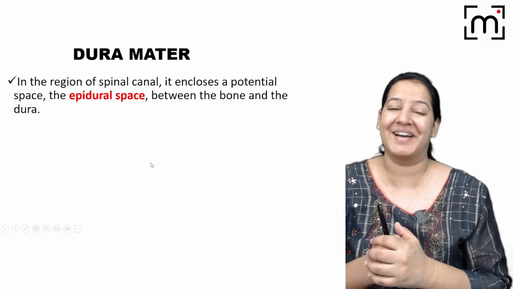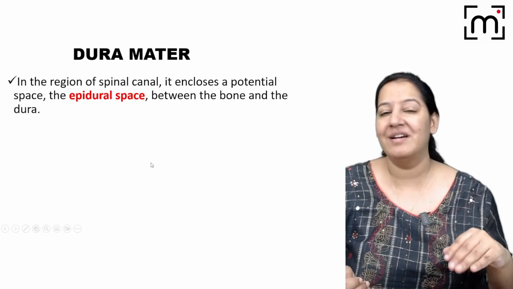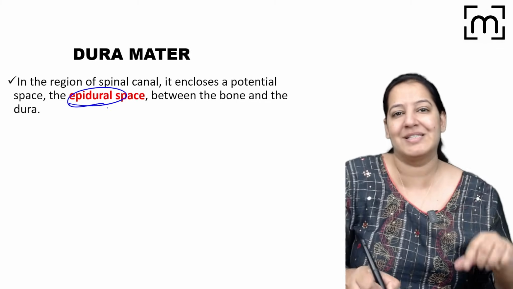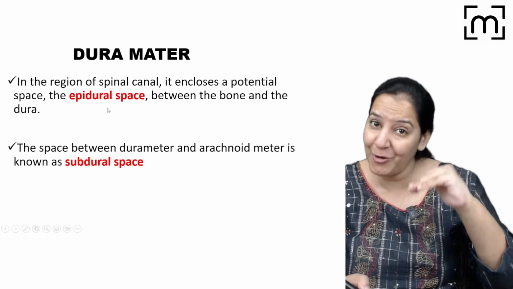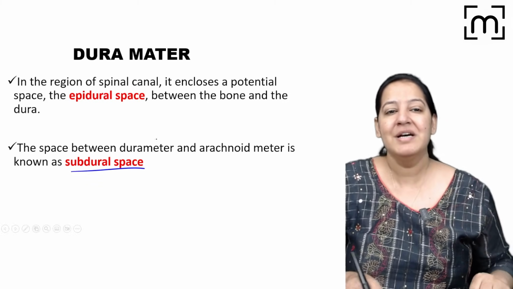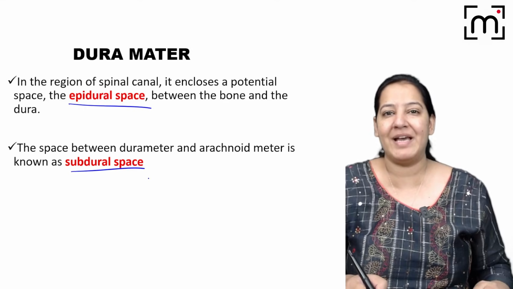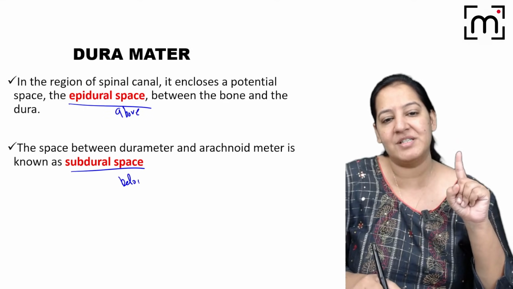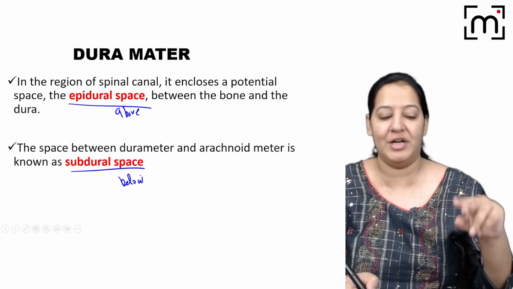One below the dura mater, that is between the dura mater and arachnoid. The space above the dura mater, between the skull and dura mater, is known as the epidural space. And the space below the dura mater, between the dura mater and arachnoid, is known as the subdural space. So the epidural space and subdural space are the two types of spaces related to the dura mater.